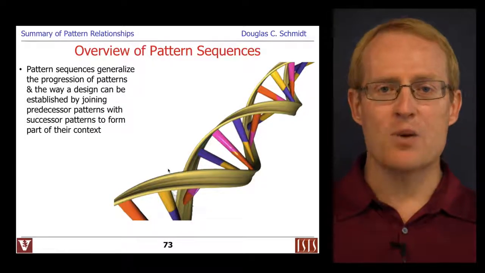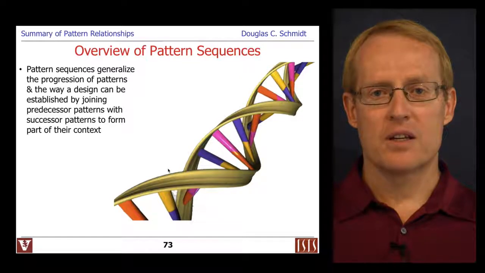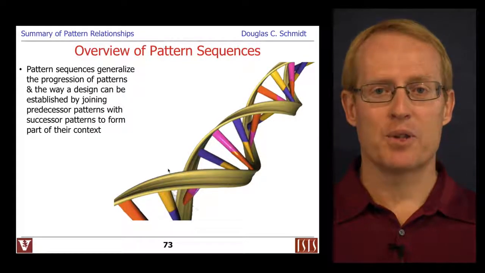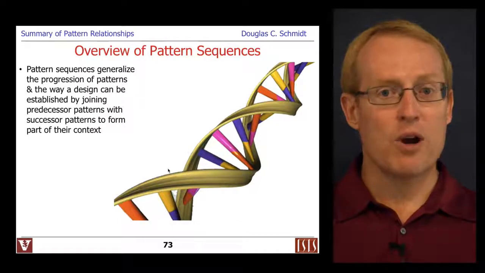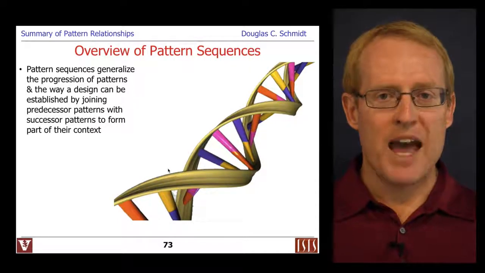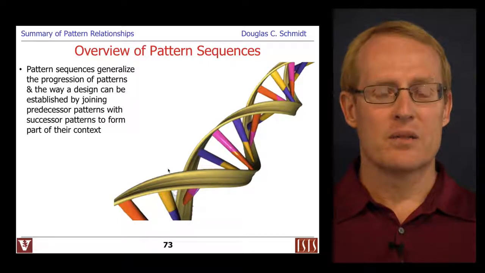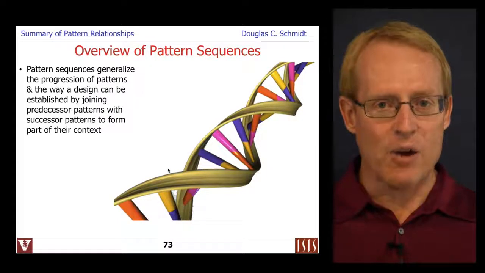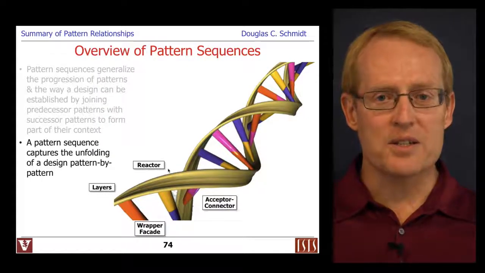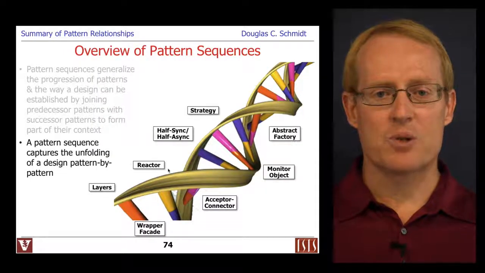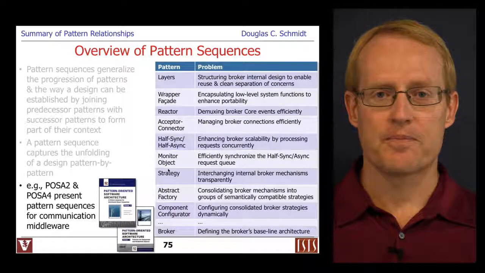A pattern sequence generalizes the progression of patterns and the way that a design can be established by joining successor patterns with predecessor patterns by having the context of the successor pattern be driven in part by the outcome of the predecessor pattern. So in a sense, a pattern sequence captures the unfolding of a design pattern by pattern.